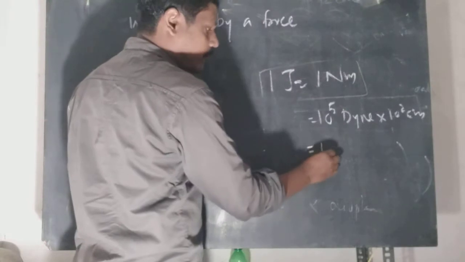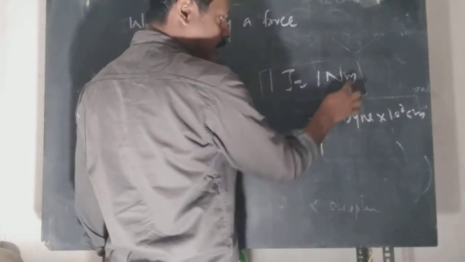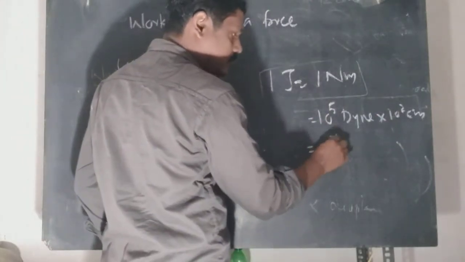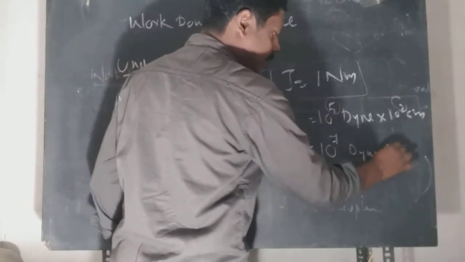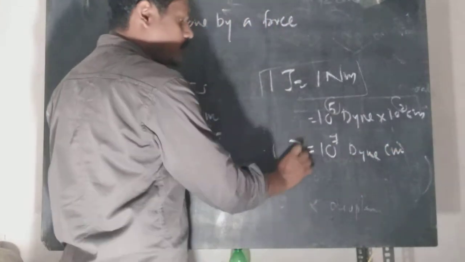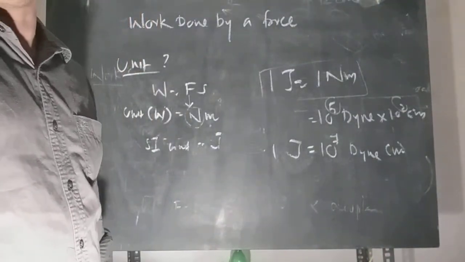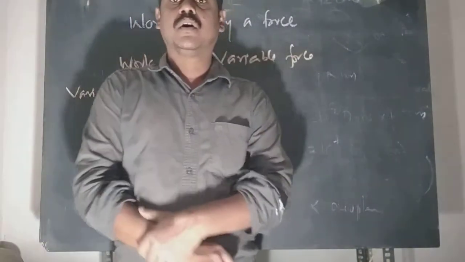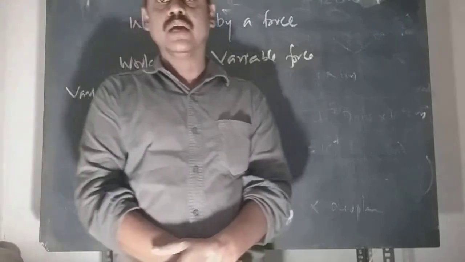So 10 raised to 5 times 10 raised to 2 gives 10 raised to 7 dyne centimeter, which is equal to 1 joule. So 1 joule is 10 raised to 7 dyne centimeter. So we have expressed the expression for finding the magnitude of work done by a force.